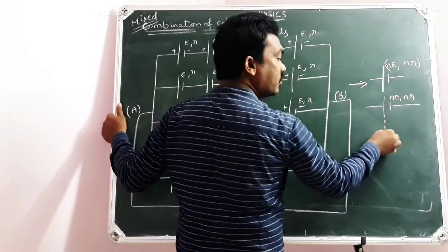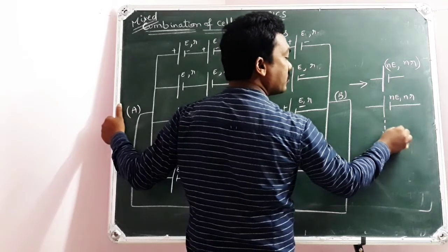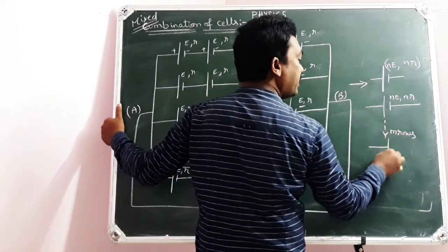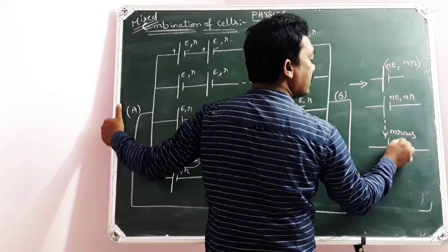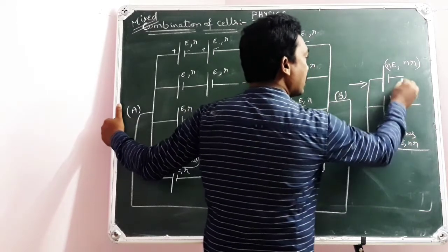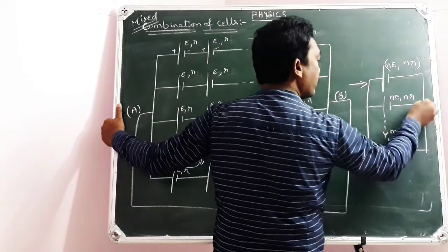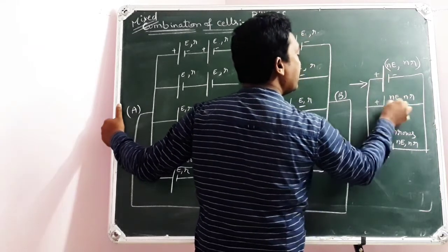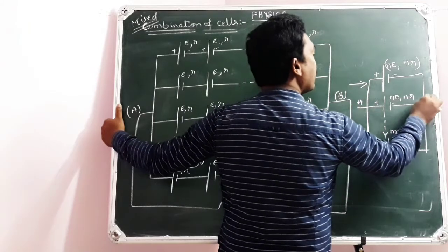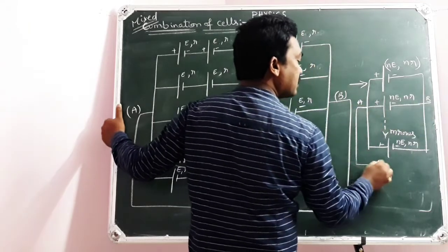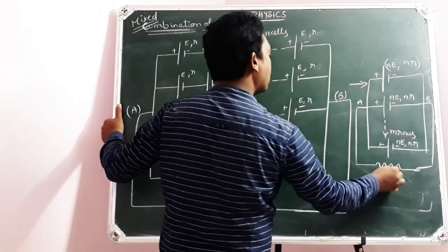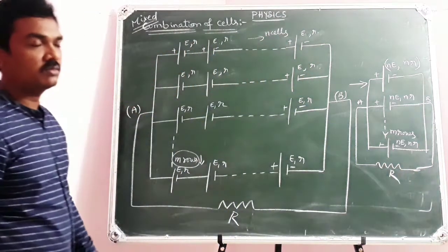Like that, for how many rows? M number of rows. Means M identical cells, each of EMF NE and internal resistance NR, are all connected in parallel in between AB to an external resistor R. Yes, that's the equivalent circuit.